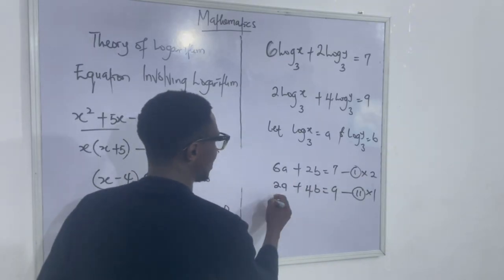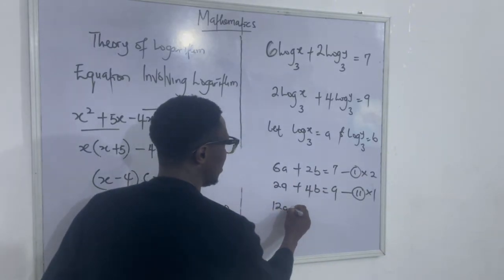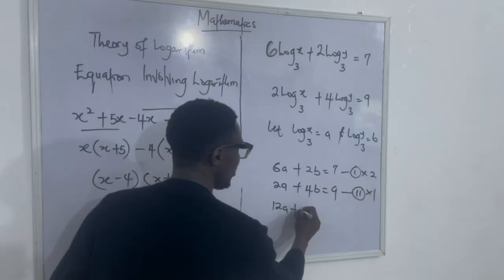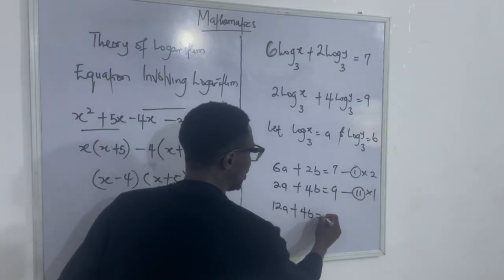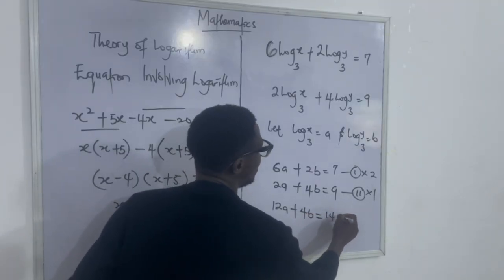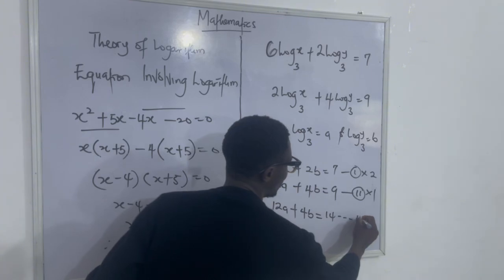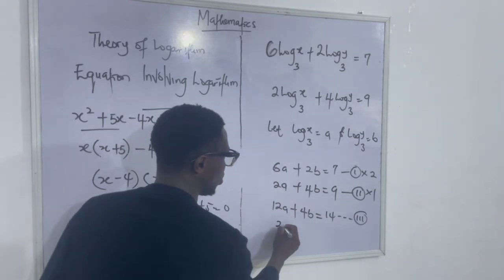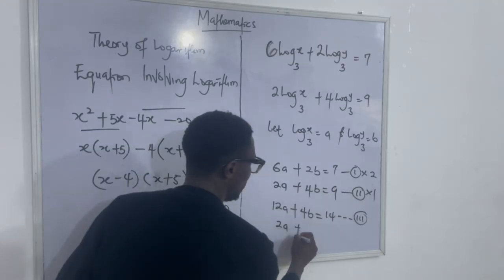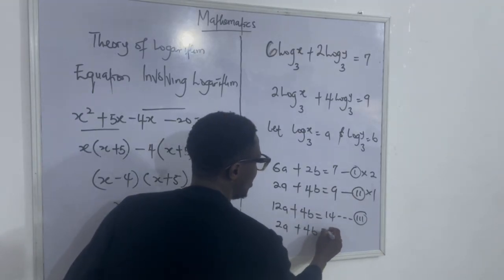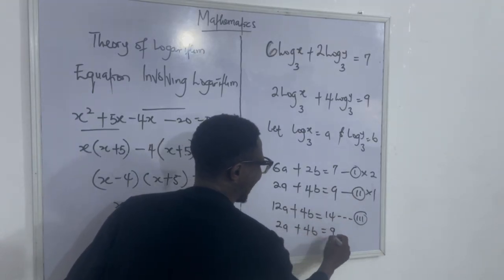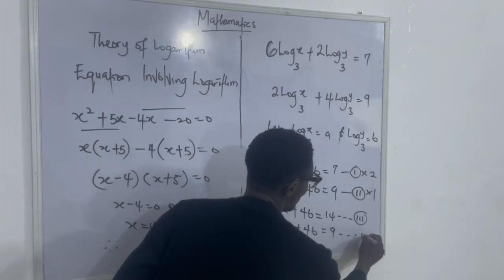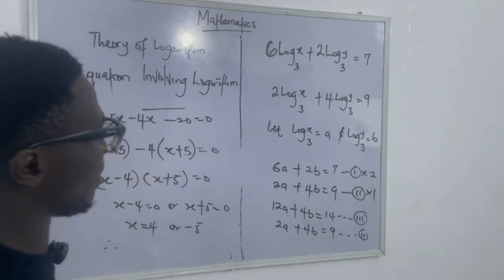So 6 times 2, this is 12a plus 4b equals 14. So this is equation 3. Now, this next one, 2a plus 4b equals 9. It still retains equation 2. Are we together?